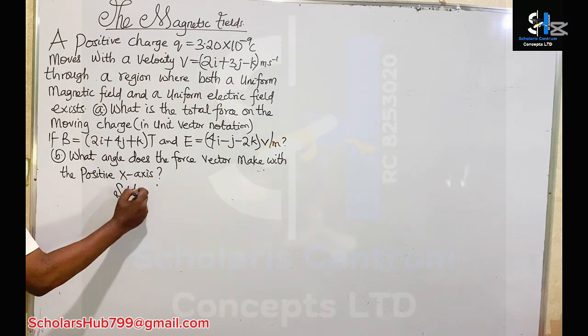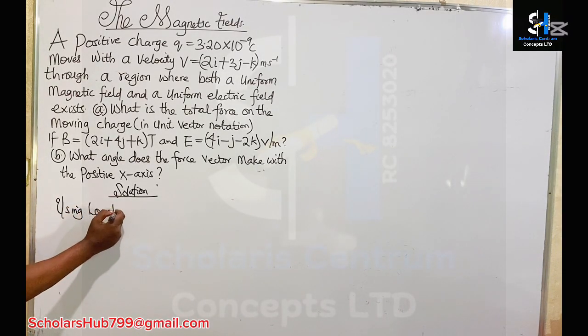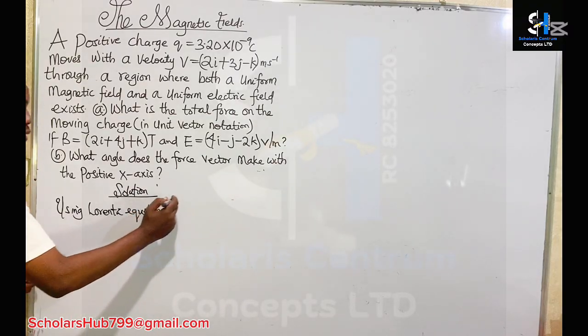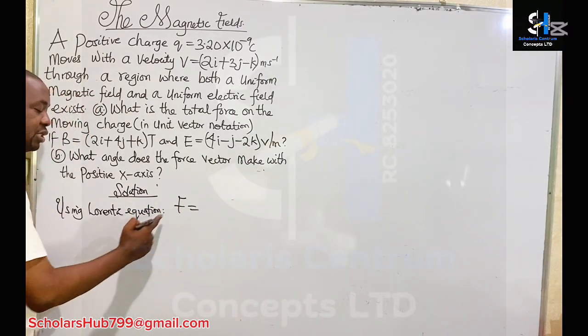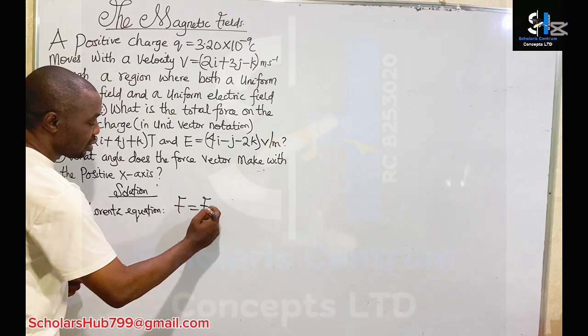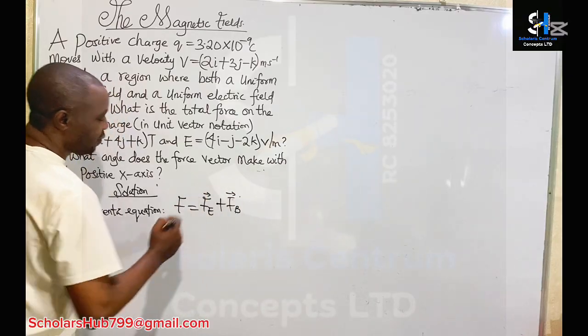So now let's set up the equation. Using the Lorentz equation, we have the Lorentz force, that is the total force or the resultant force, which will be the sum of the electric force and the magnetic force.